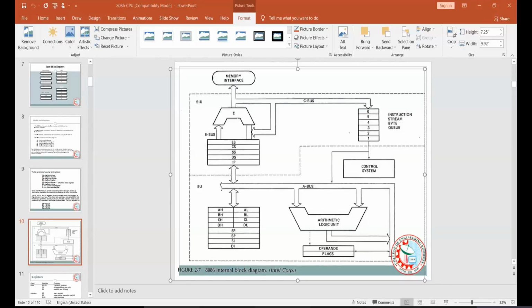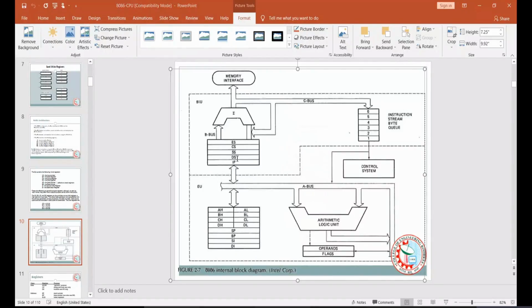The two parts are BIU and EU. Alright, BIU stands for bus interface unit and EU stands for execution unit.